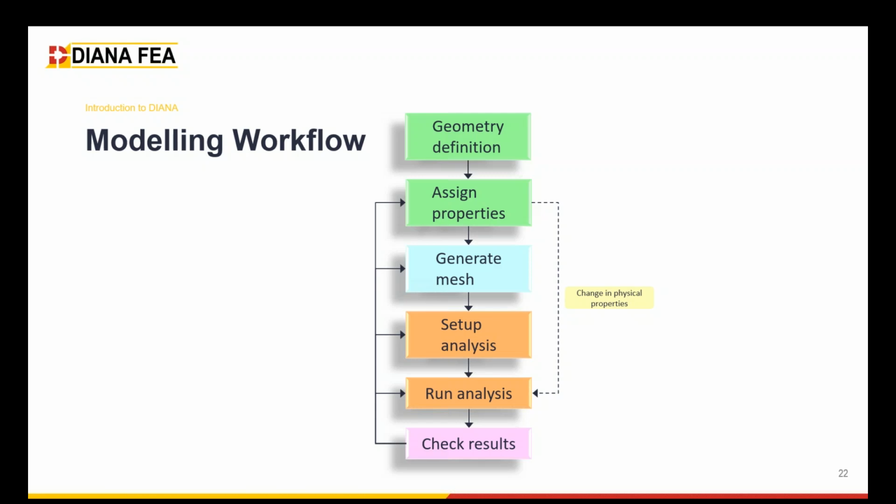But don't worry, Diana will let you know that. But the main information here is everything is done at the geometry level. So you define all the components, all the properties, all the assignment, and then you generate your mesh, and then you run your analysis. And this workflow will apply to any model. Doesn't matter how complex or complicated is your model. This strategy will apply to all of them.